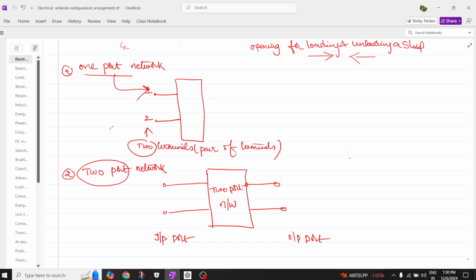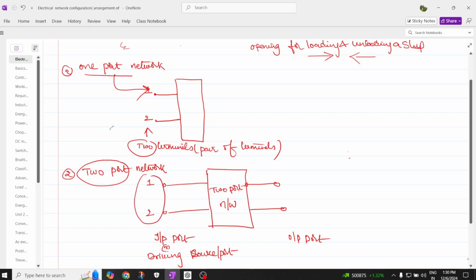This is also called driving source. This input port is also called a driving source or driving port because it drives to get the output. Here how many terminals are there? Already I told, a port means you have two terminals. This is called input port.